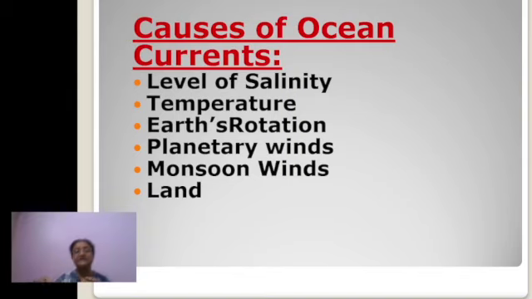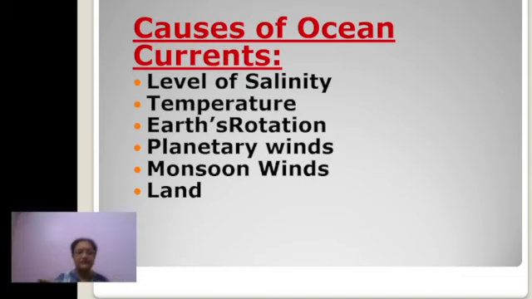The variation in salinity level or density is varying in this case. So what happens then? High density water, or you can say the water which has high salinity level, starts moving towards the water which has low salinity or low density.